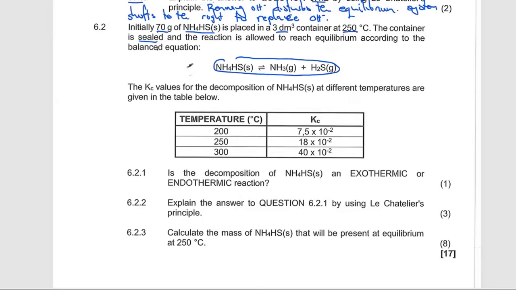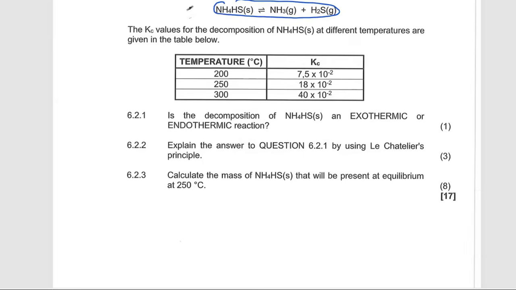Moving on to the next question: the Kc values for the decomposition of NH4HS solid at different temperatures are given in the table below. We have our temperatures here and the Kc values on the other end. Is the decomposition of NH4HS solid an exothermic or endothermic reaction? Then 6.2.2 asks us to explain the answer.